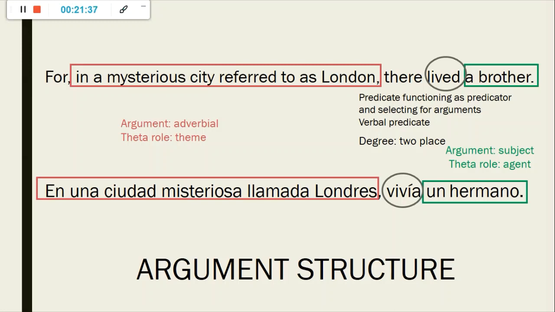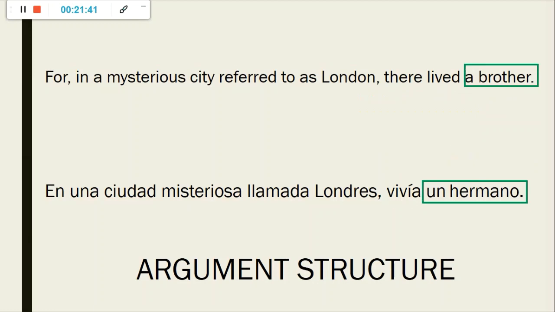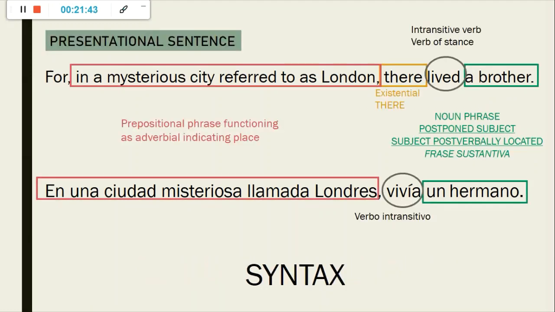These arguments having the same theta role. And in the case of syntax, we have a postponed subject, we have an intransitive verb, a prepositional phrase functioning as adverbial. The only difference would be then the presence of the expletive pronoun. Once again, due to the type of language English is classified as.